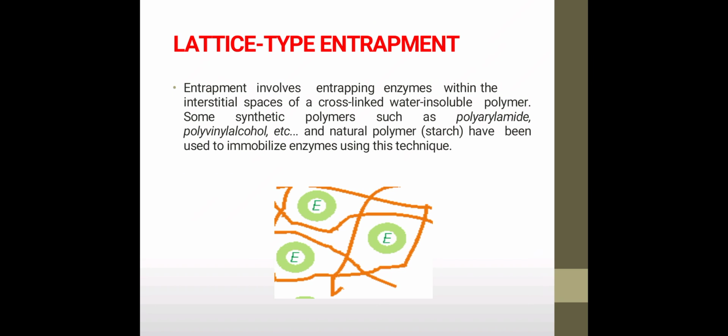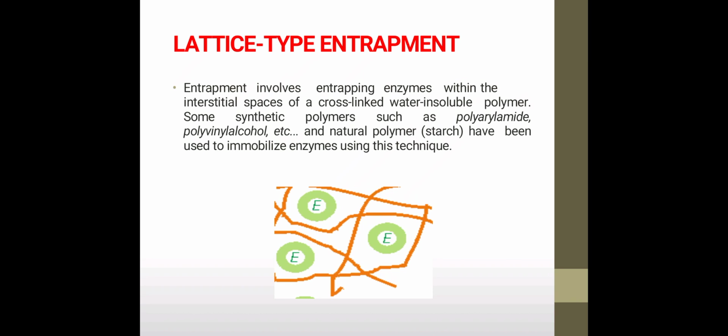And in this method you can see the lattice type of entrapment. It is one type of entrapment, where the enzymes will be entrapped in a matrix. Entrapment involves entrapping this enzyme within the interstitial spaces of a cross-linked water-insoluble polymer. So in this we are using a polymer that is found to be water-insoluble, and we are introducing the enzymes in the interstitial spaces.